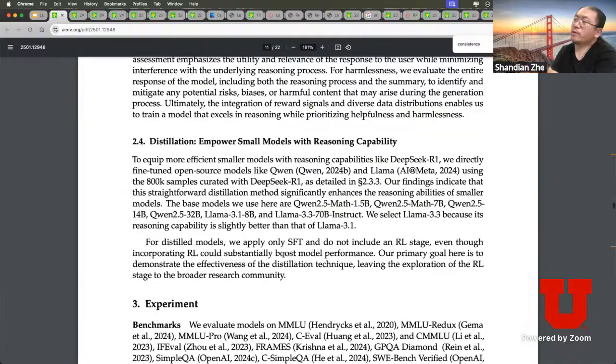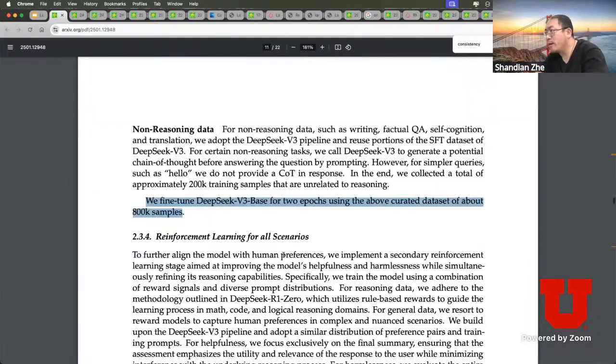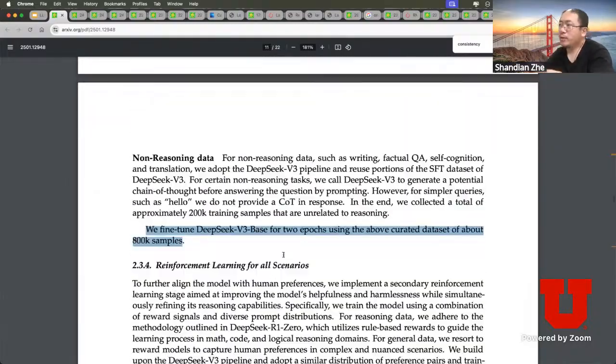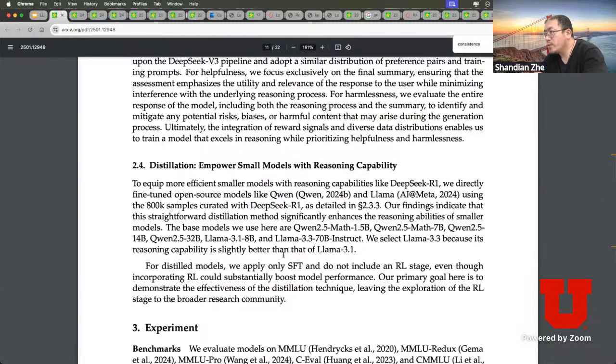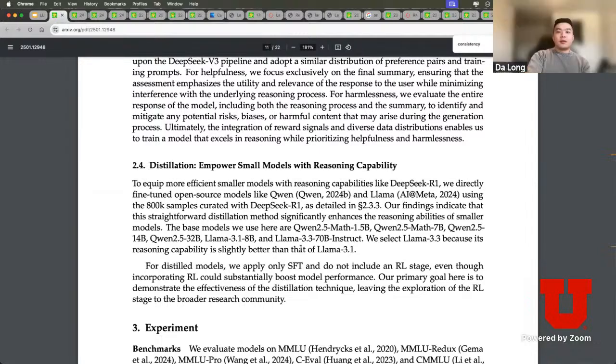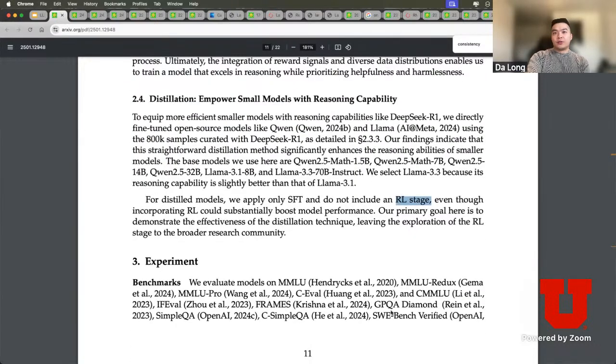They use the data they collected from their iterative training cycles to distill from other models. And they don't apply reinforcement learning, and actually the distilled model already has the ability of chain of thoughts just by fine tuning.